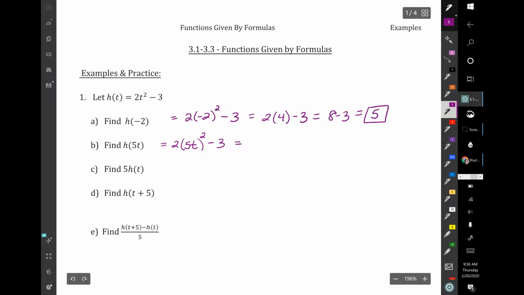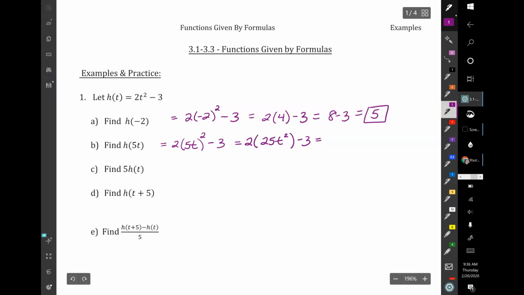And when I do this, be careful to follow your order of operations correctly. Don't go 2 times 5. Don't be tempted by that. You have to do 5t all squared. So just write the 2, and then apply your power rule. 5 squared is 25. t squared is t squared. Then in your parentheses, minus 3.